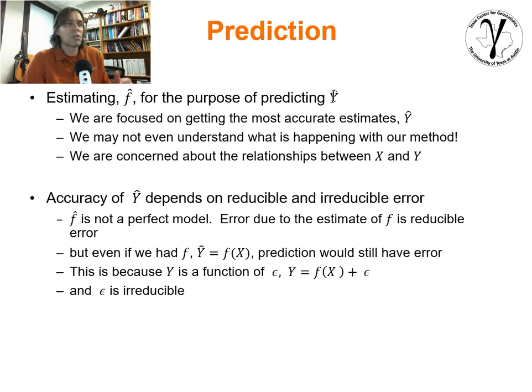In the geostat context, we often used y asterisk, or z asterisk, as the way we denoted an estimate. And we're focused on getting the most accurate estimates of y. We may not even understand what is happening with our method. What I should say is we may not understand all of the interactions between the variables.